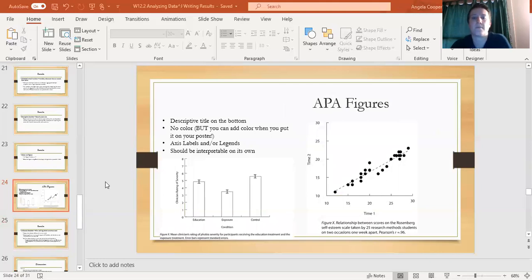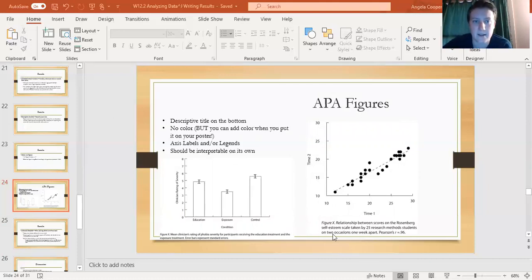So here are the examples of figures. I say no color, but honestly, for your results sections, I know that when you make bar graphs in Excel, it tends to default to that sky light bluish color. You can just keep that. I'm really not too particular, but typically proper APA style is no color. It's all grayscale to some extent. You have the description on the bottom. I kind of refer to this as the caption.